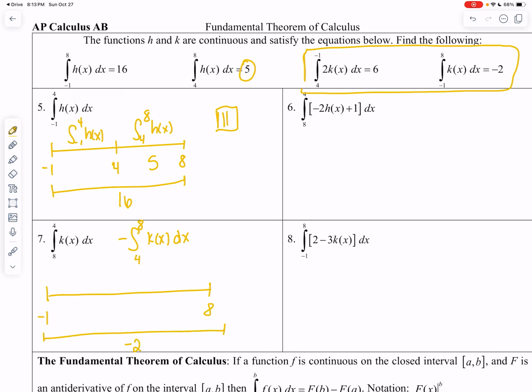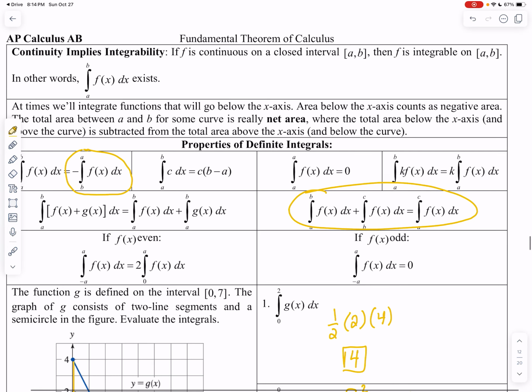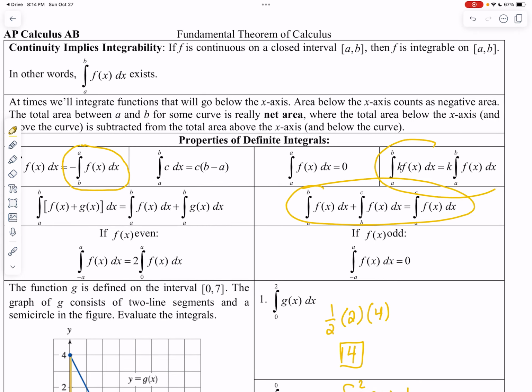And I know that the integral from 4 to negative 1 of 2k of x dx is 6. What I'm also going to do here is change it so that I have the integral from negative 1 to 4 of 2k of x dx is equal to negative 6. I'm also going to divide by 2, one of my properties right. So right here, I could just take out the coefficient.